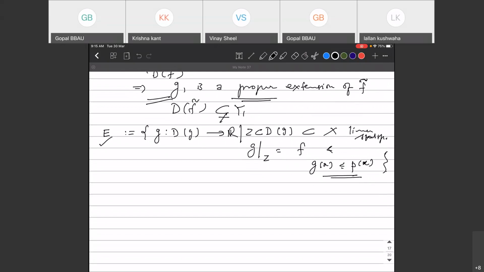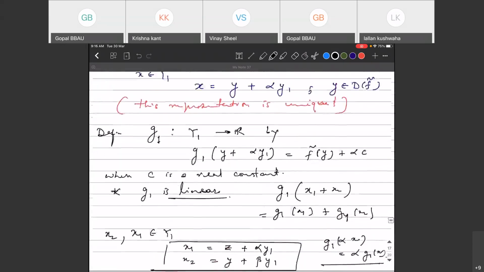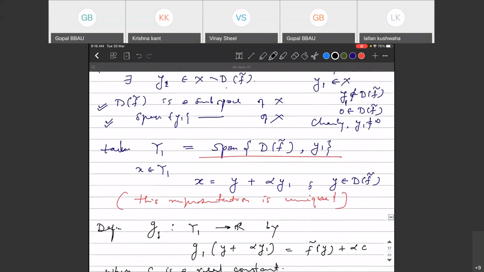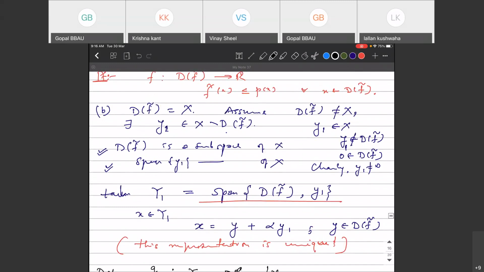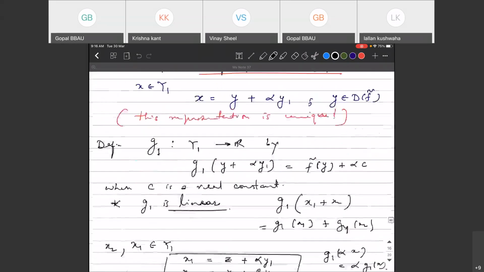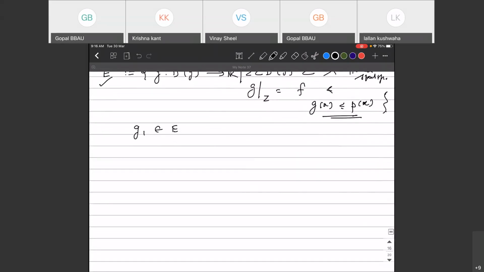If we show that G1 belongs to E, then what contradiction will we get? We will get that f tilde is not a maximal element. So this means our assumption was wrong. What was our assumption? Our assumption was that the domain of f tilde is not equal to X.